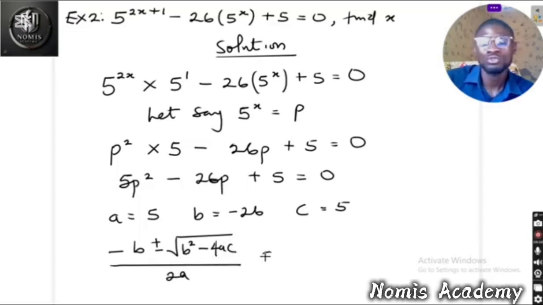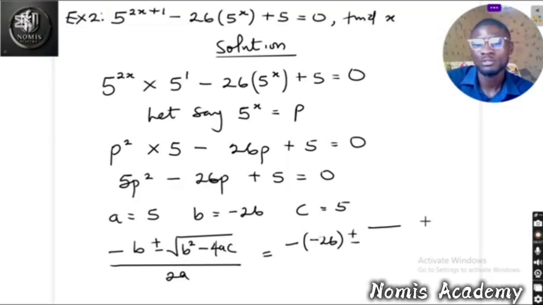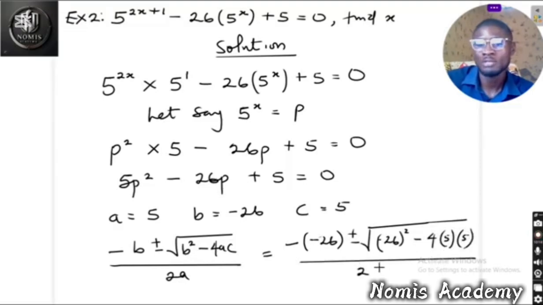So all we just need to do is to put in the values of the letters into the equation such that minus b becomes minus open bracket minus 26, plus or minus the square root of minus 26 squared minus 4 multiplied by a is 5, and then multiplied by c is also 5, all over 2 times a is 5. So this is what we have here.